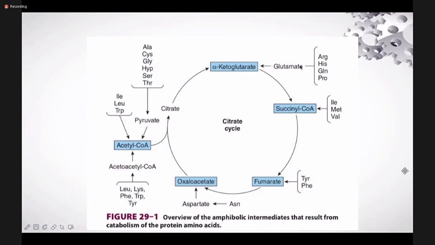Here, glutamate, all of this is broken down to glutamate, which becomes alpha-ketoglutarate. And this one goes to succinyl-CoA, to fumarate, asparagine to aspartate, back to oxaloacetate. So protein is broken down to individual amino acids, and each individual amino acid is broken down and enters the citric acid cycle.